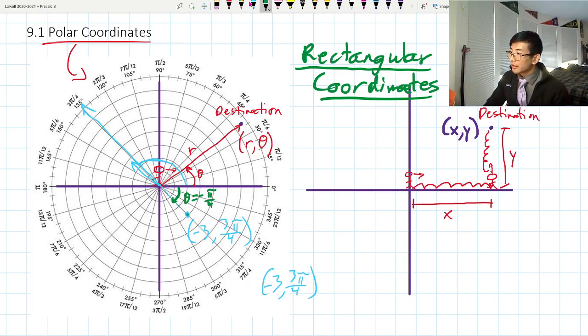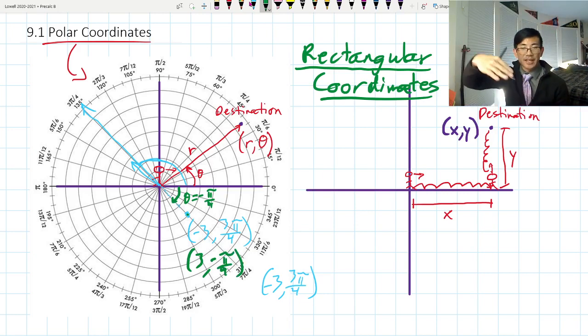And so that point could also be called positive 3, comma, negative pi over 4. Or negative 3 and then another 2 pi around, and so on. So with polar coordinates, you could describe a point in infinitely many ways, whereas in rectangular coordinates, you can only do it once.